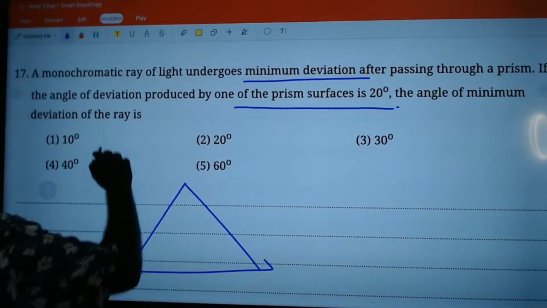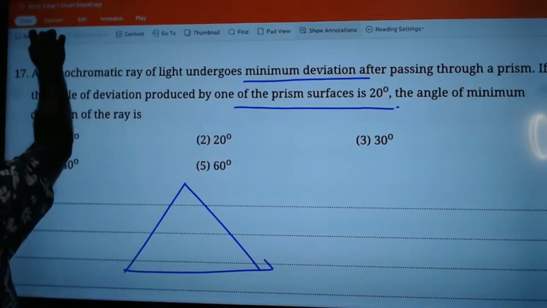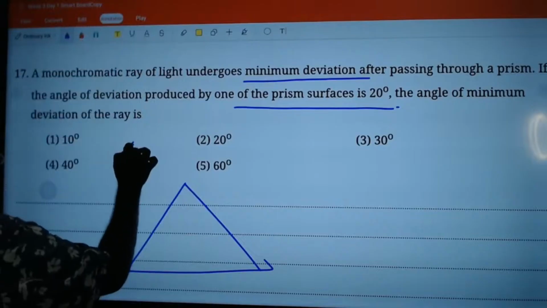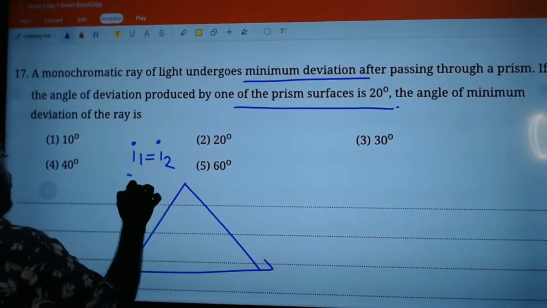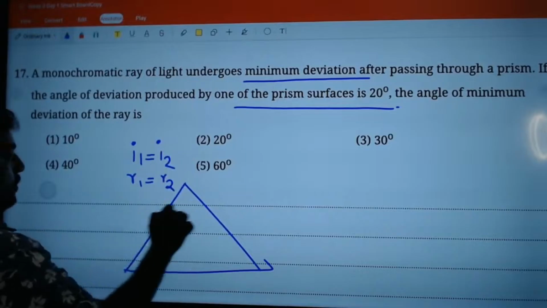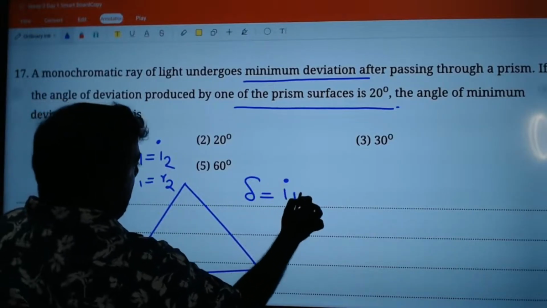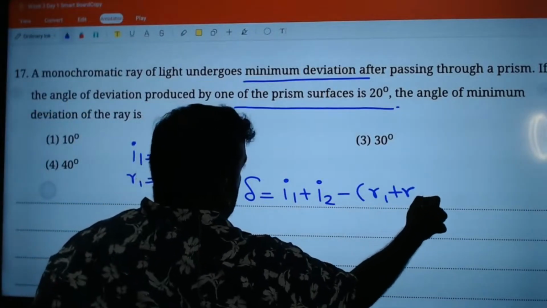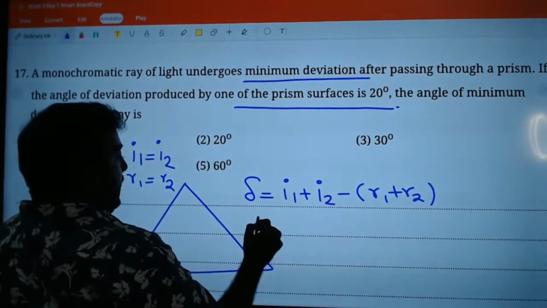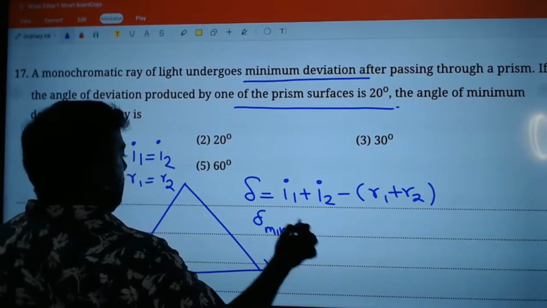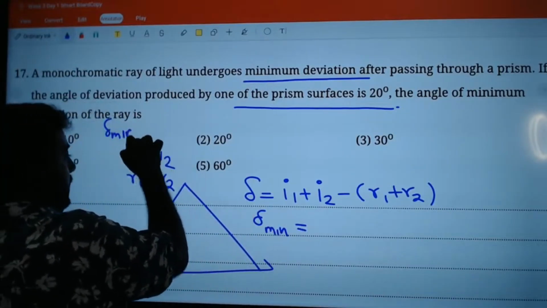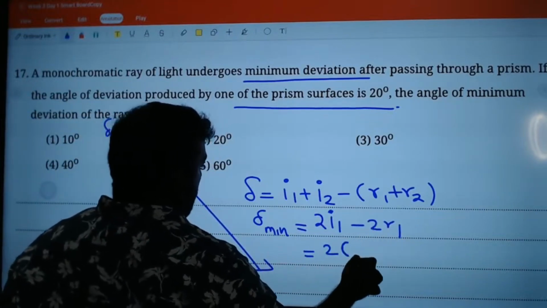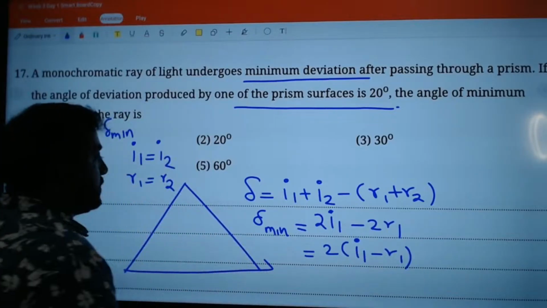Normally, remember, I1 equals I2, R1 equals R2, so deviation is I1 plus I2 minus R1 plus R2. At minimum deviation, it is 2 times I1 minus R1.